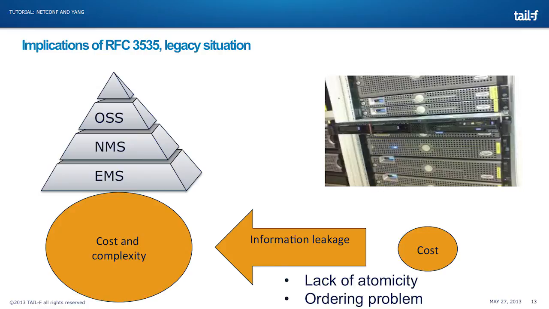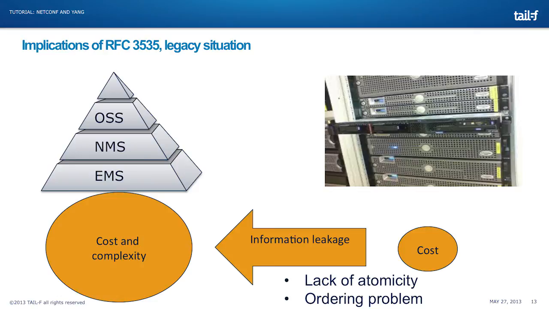So this forced information leakage to go from the network device up to the centralized management system. We had to have EMSs, consolidate those into an NMS, finally pull it together into my OSS before I could finally start running my network.